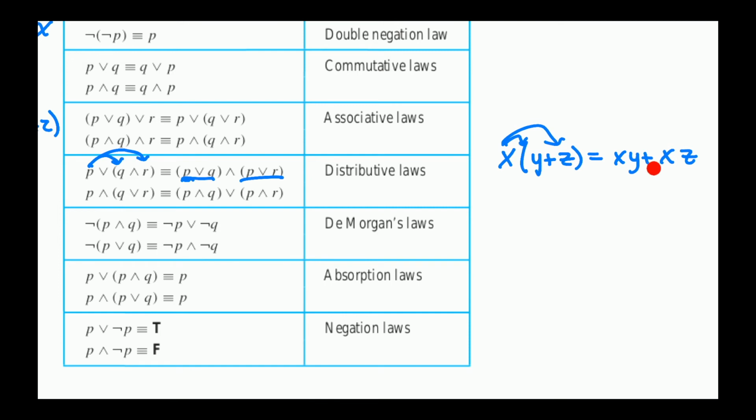The same thing is true over here. The inside operation is an and, and then you have P or Q, and then you have P or R. So it's the same as the distributive law that you have in regular algebra. Distributes.